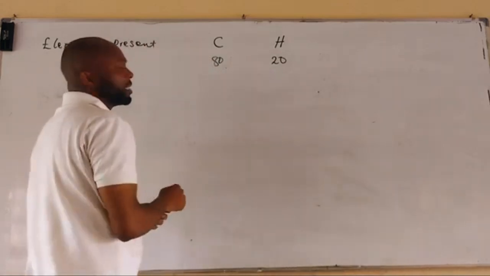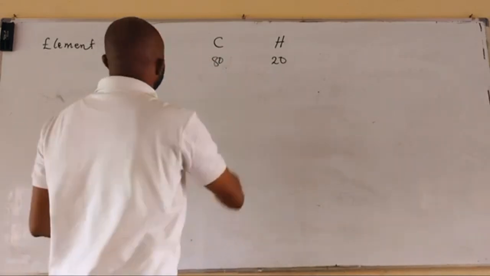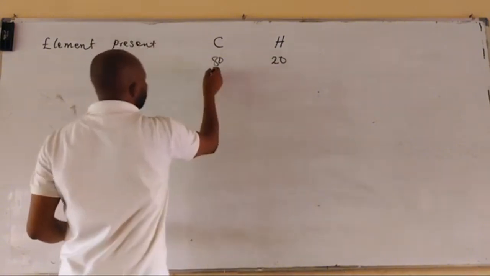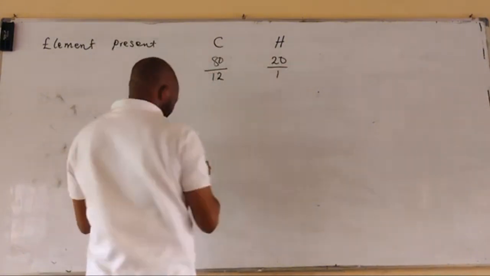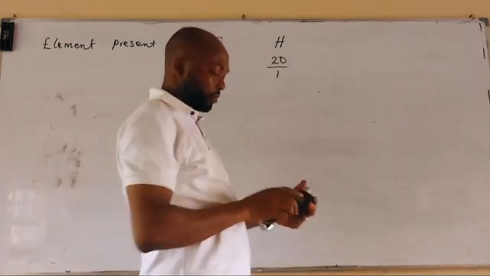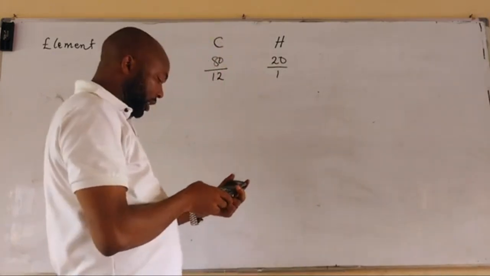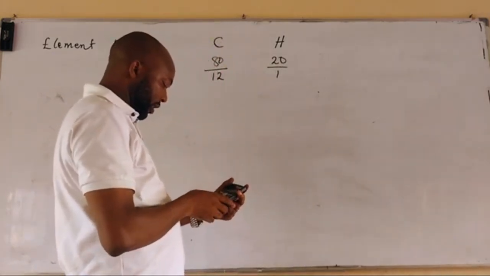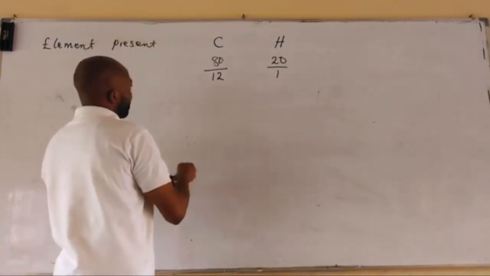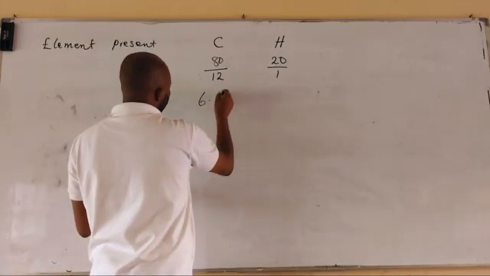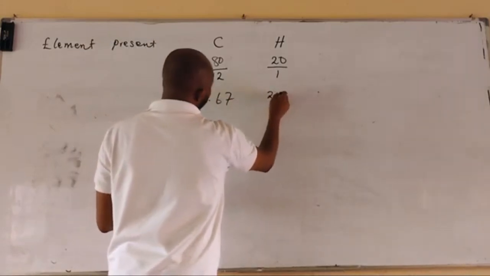Now, we divide by the atomic mass. Carbon is 12, hydrogen is 1. So let's go. 80 divided by 12 is 6.67, and here is 20.